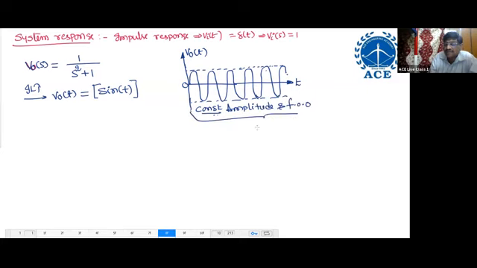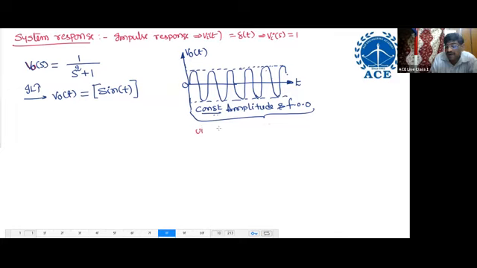There is even a name for this: constant amplitude and frequency of oscillations is called undamped oscillations.